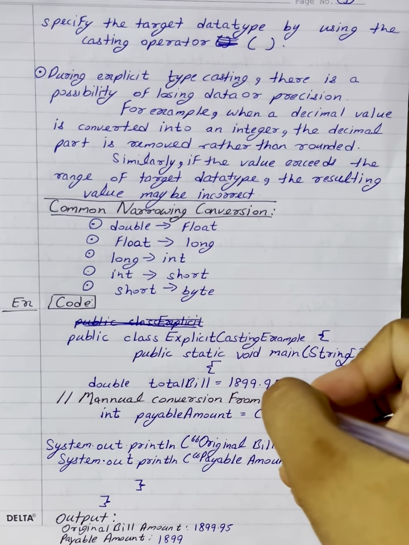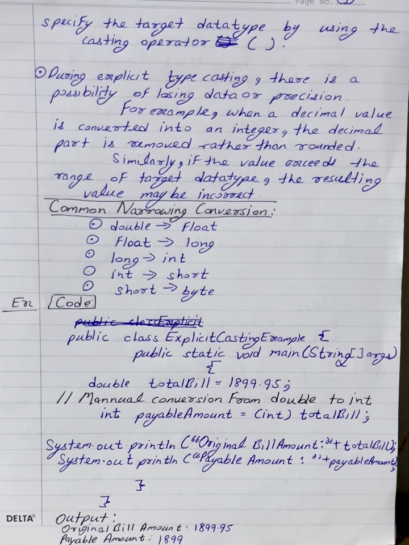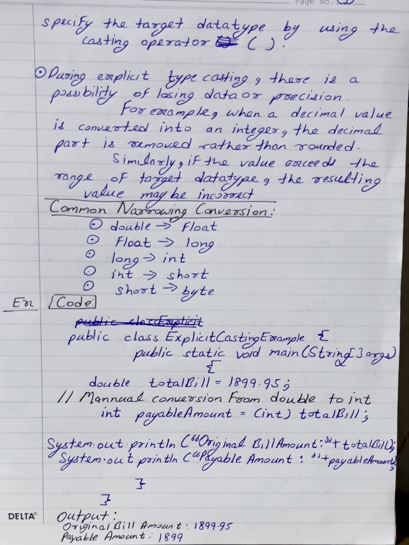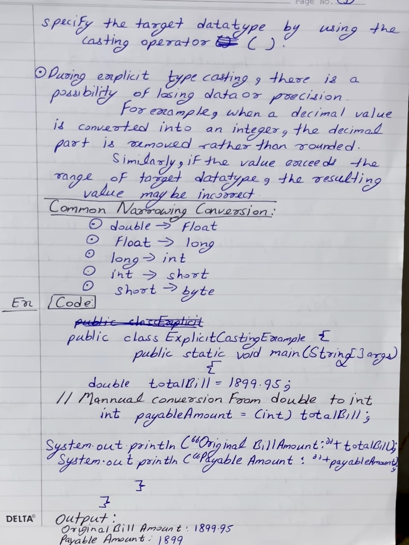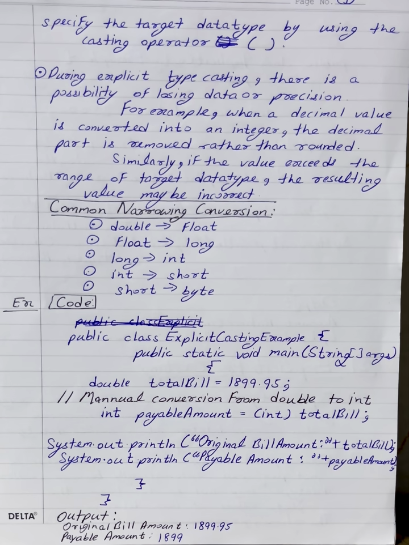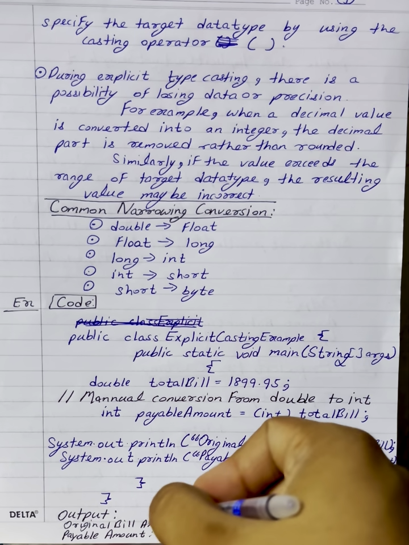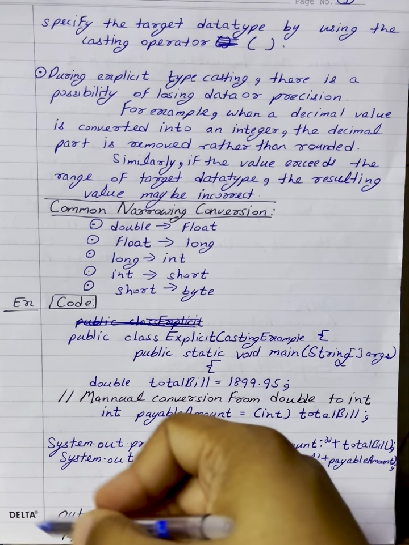During the conversion, Java removes the decimal portion .95 and only stores the whole number 1899, which you will see in the output when you try it.